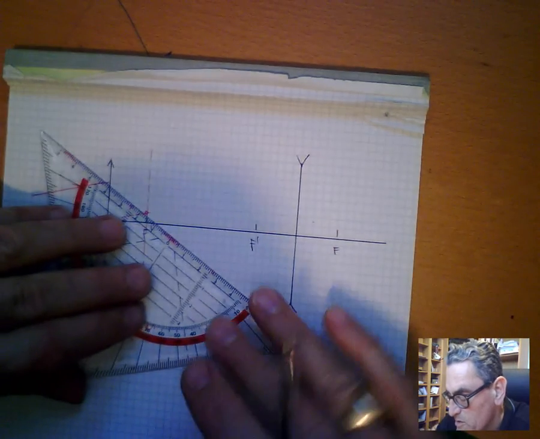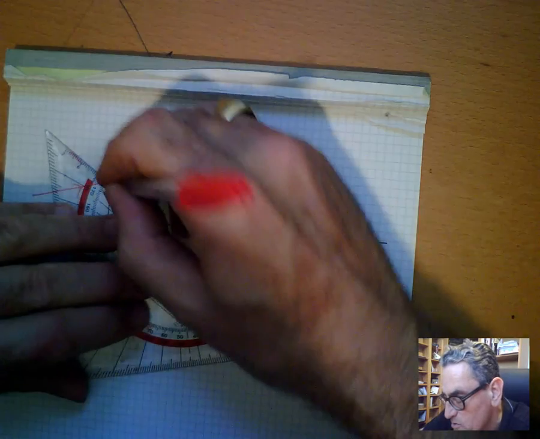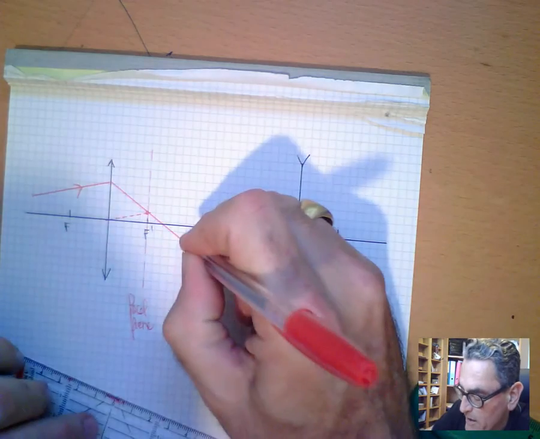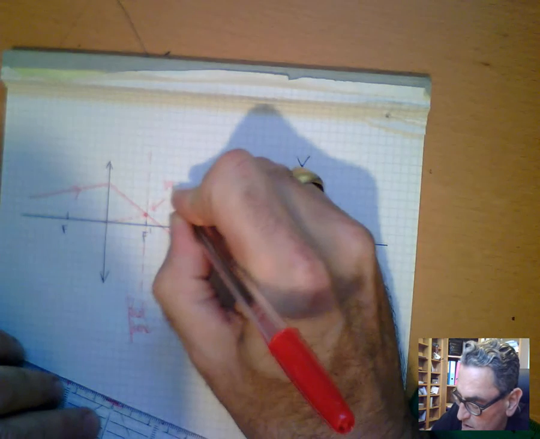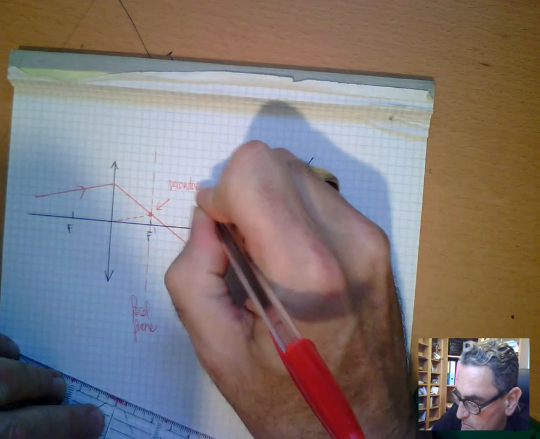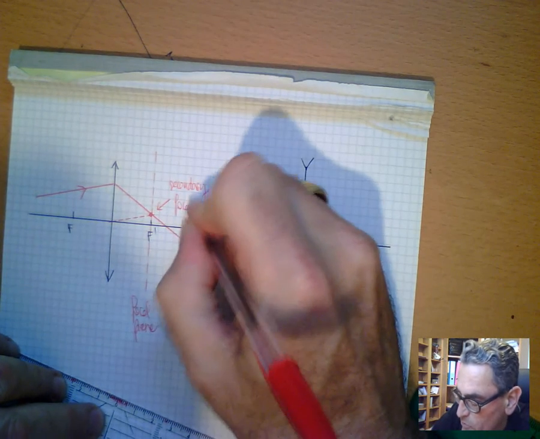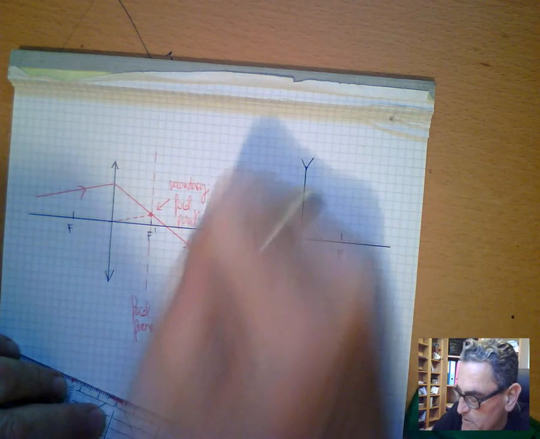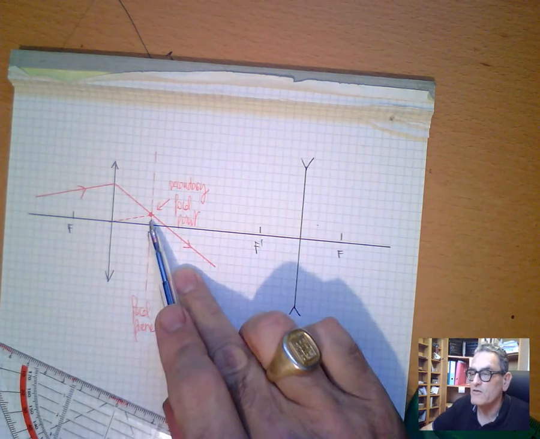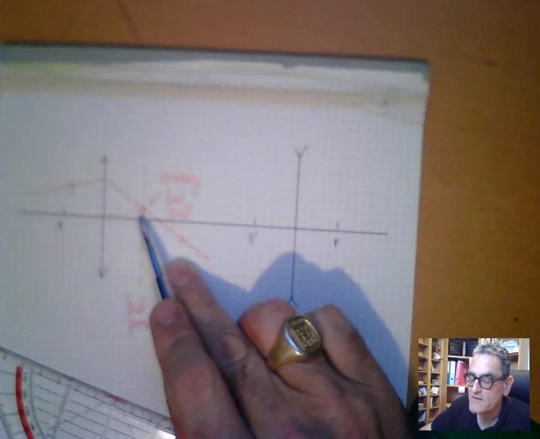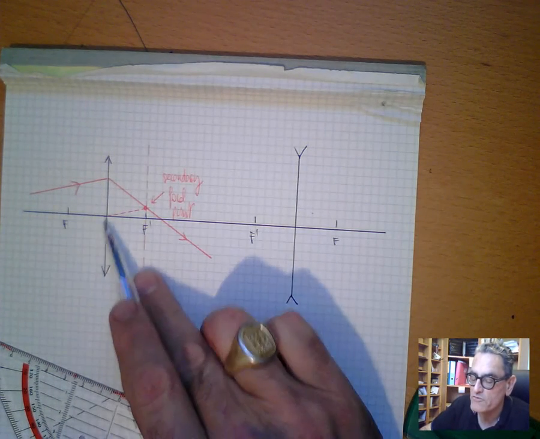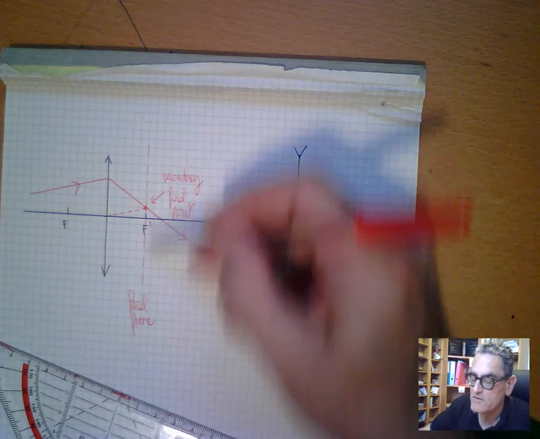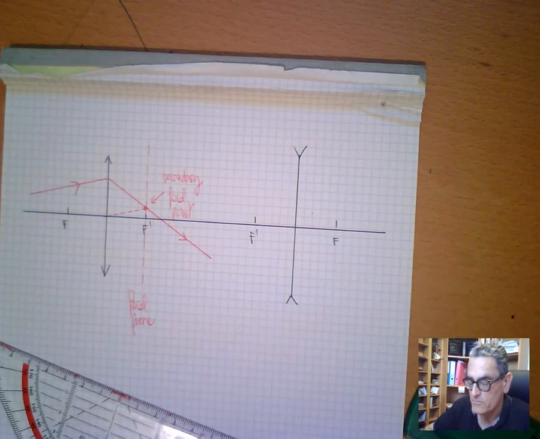Okay, and so this light ray is going to continue passing through this point, which we'll call the secondary focal point. So the secondary focal point, you find it as the intersection of a parallel to the light ray passing through the center and the focal plane, right?